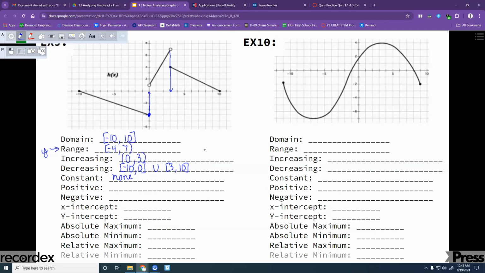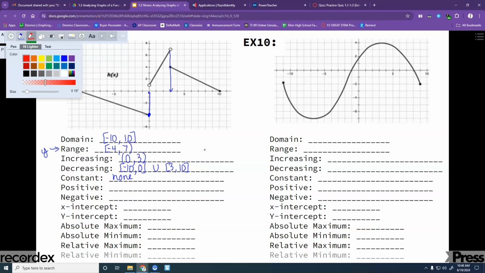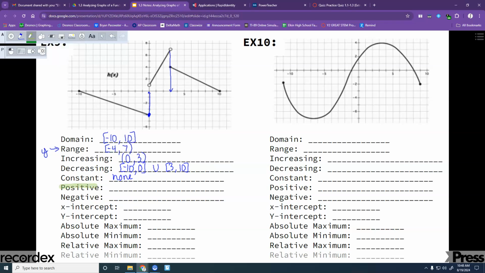All right, when we're looking for positive, okay, that one's increasing, but there's more positive. What else is positive? The third part is also positive. So we would start from this point right here. What is the coordinate there? It's not 1.